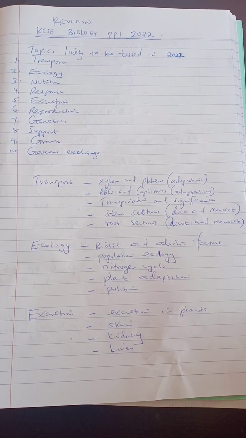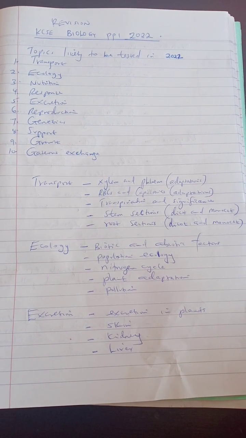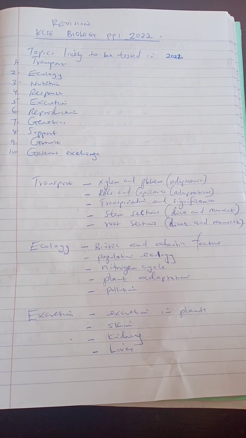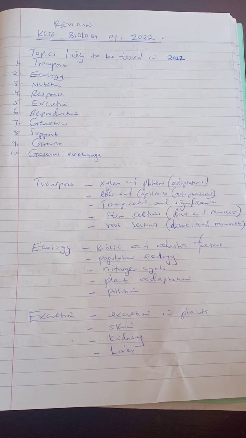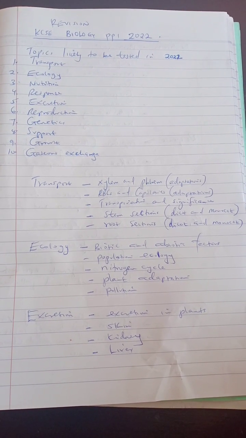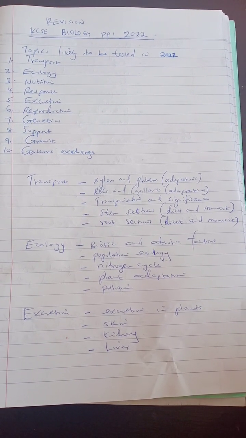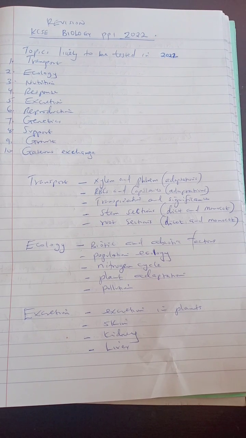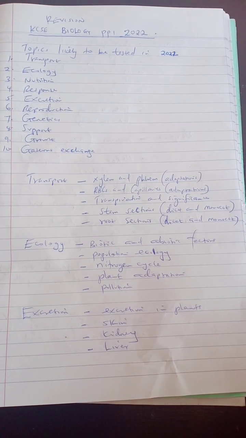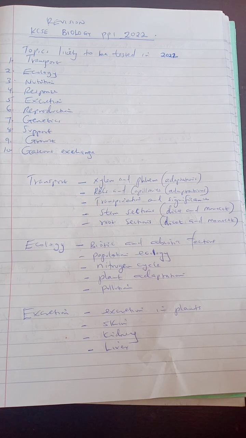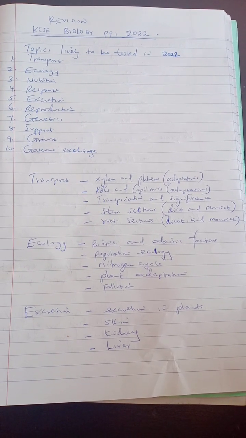There's transport, psychology, nutrition, response, excretion, reproduction, genetics, support, growth, and gaseous exchange. So as you do your revision, make sure that you look at these topics very carefully, because you are likely to meet questions from these topics this year.